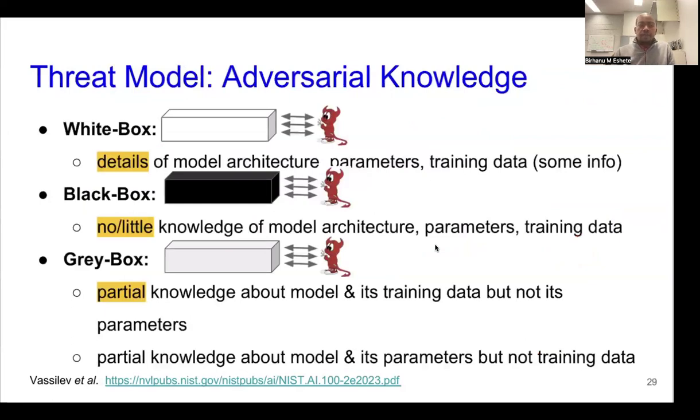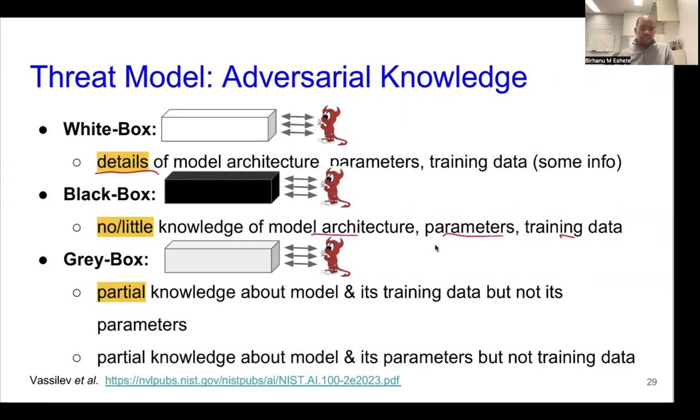Then based on adversarial knowledge, we can put adversarial examples into three buckets: white box, black box, and gray box. In the case of white box, we are assuming that the adversary knows reasonable details of the model architecture, the parameters, sometimes some portion of the training data. In a black box case, we're assuming that the adversary has usually no knowledge or very little knowledge of the model architecture, the parameters, and the training data.